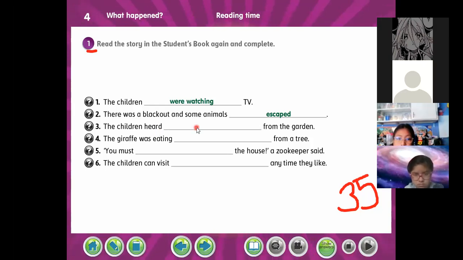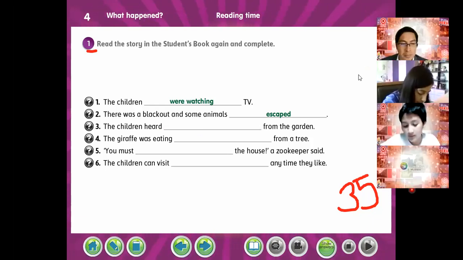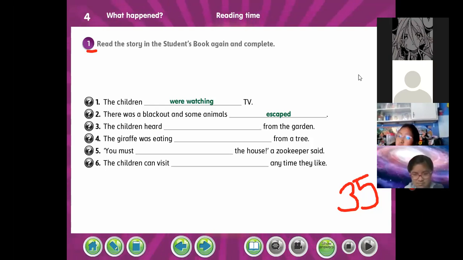What? What they listened? Music? Not. A song. A song? No. A giraffe report. Heard a giraffe from the garden? No. They heard, they listened.